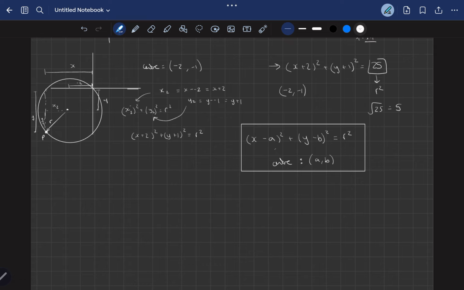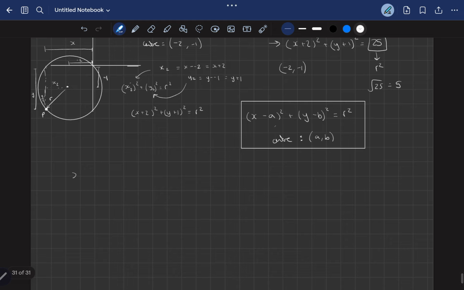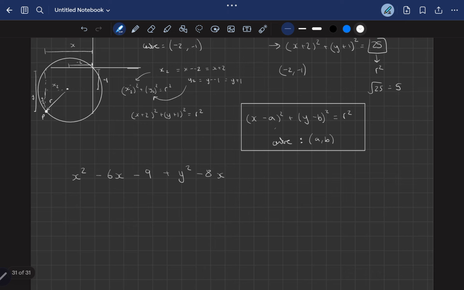However, it's not always going to be written like this. Sometimes it's going to be written like x squared minus 6x plus 9, minus 9 plus y squared minus 8y, minus 30 is equal to 0.